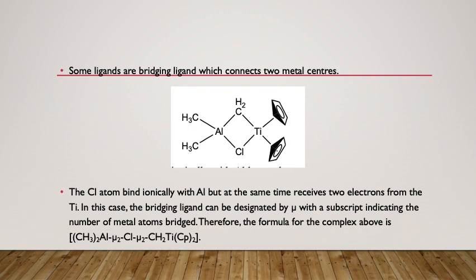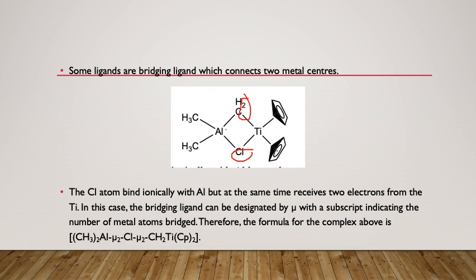For example, here chloro and CH2 act as bridging ligands, bridging between aluminum and titanium. In this case, the Cl is bonded by donating its electron, but at the same time it accepts electron from titanium.